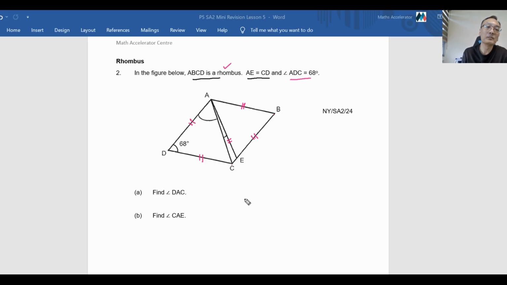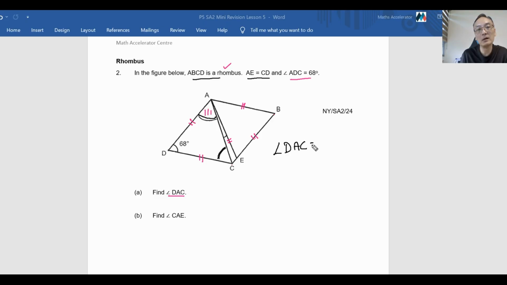All right. So the first angle we need to find is angle DAC. DAC is this angle over here, and we notice that this is part of a triangle, right? And this triangle has two equal sides. As mentioned earlier, this is an isosceles triangle. So this angle and this angle over here are identical angles inside a triangle. So we can use the property to find angle DAC.